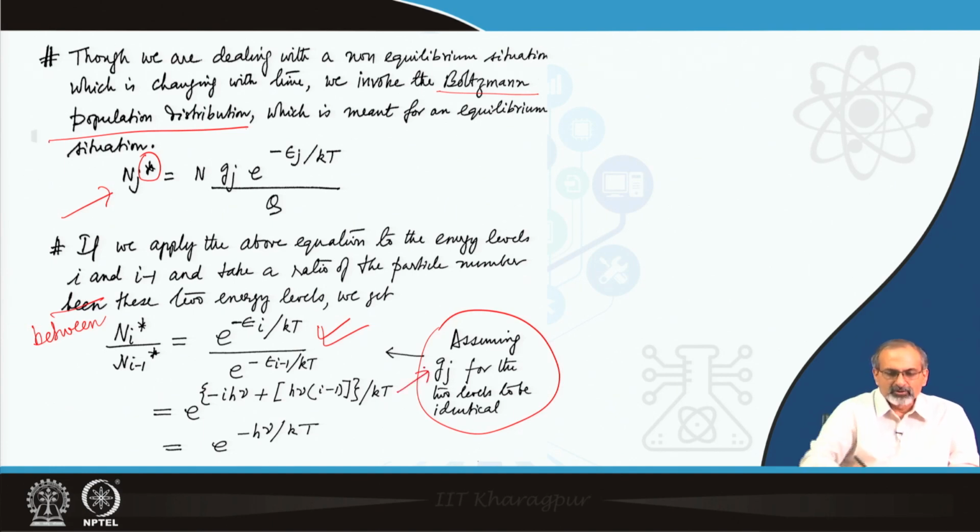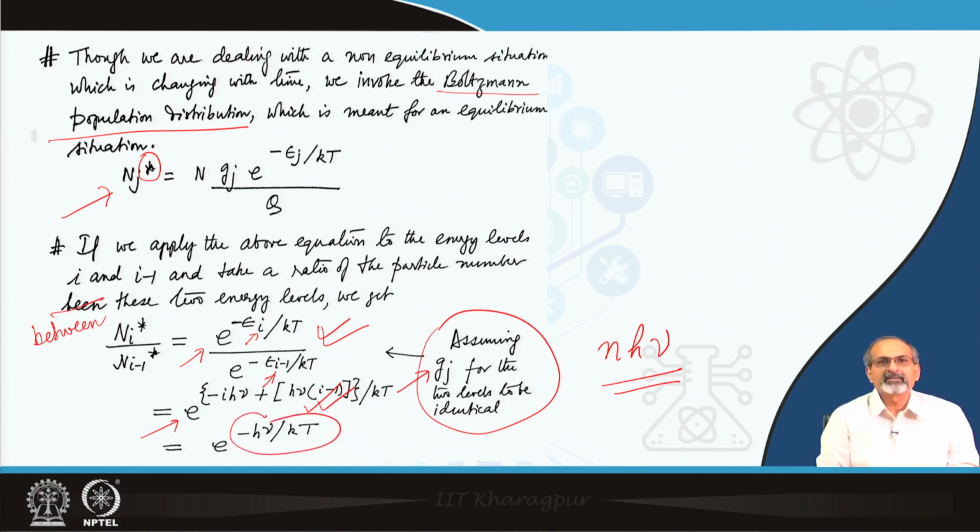So, the g values could be identical or very close to each other, and assuming that, the equation would reduce to a form like this. And then if you substitute the expression for epsilon vibrational that we just talked about for the ith level and the i minus 1th level, you have to just go back to the n h nu expression and substitute i and i minus 1 respectively to come to this index for e. It comes out to be minus h nu by kT.